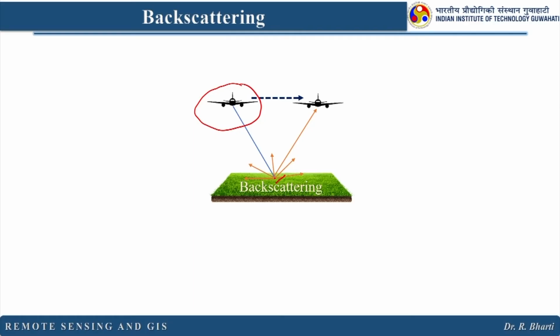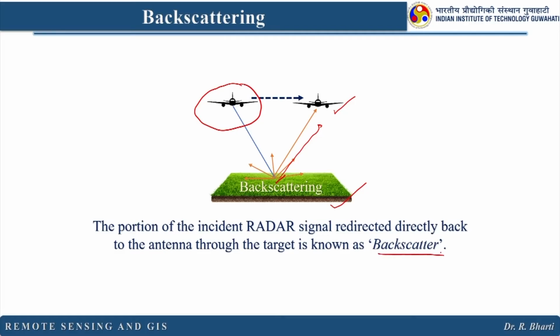Since we are talking about microwave remote sensing data, microwave energy has a longer wavelength and it will get backscattered. The object involved in this scattering phenomenon is known as the backscatterer, and the energy received by your active microwave sensor is known as backscattering.